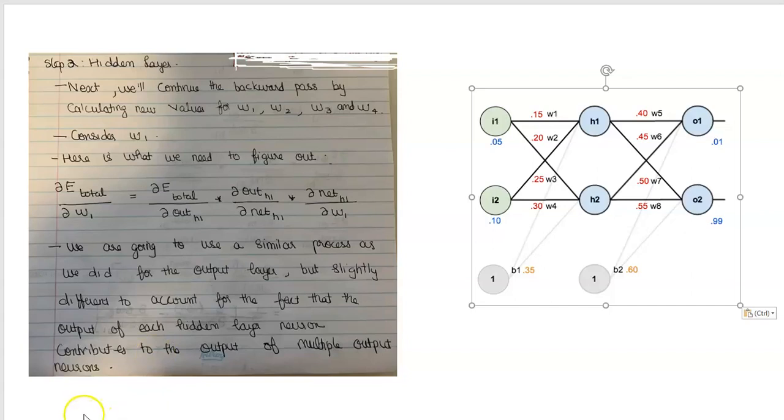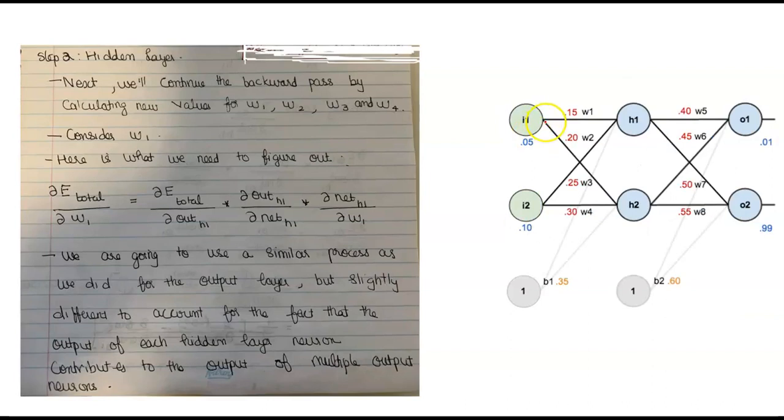Next, we will continue the process of backpropagation for the hidden layer, which is this H1 and H2, and we will update the weights W1, W2, W3 and W4. To start with, we will pick the weight W1 and then update it.